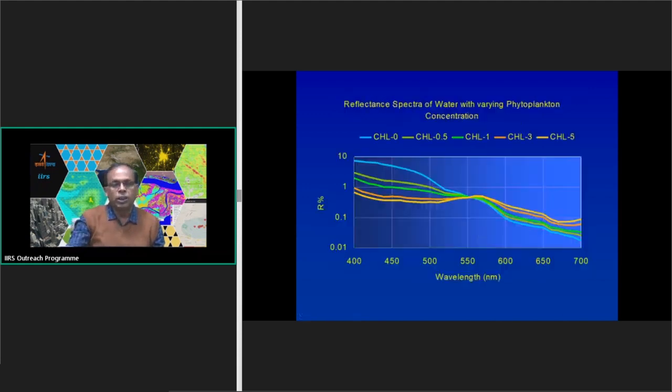So in this case, we know that reflectance can be related to backscattering and absorption coefficient, that is R equal to 0.33 bb by a.